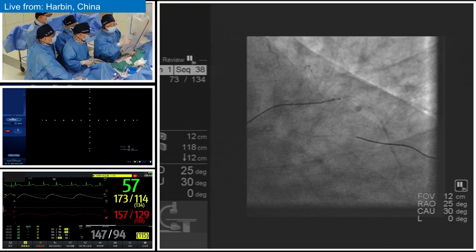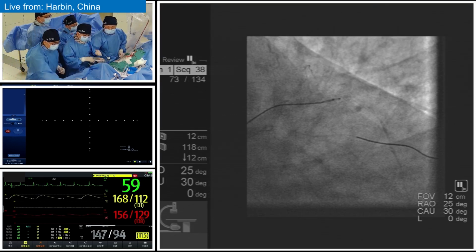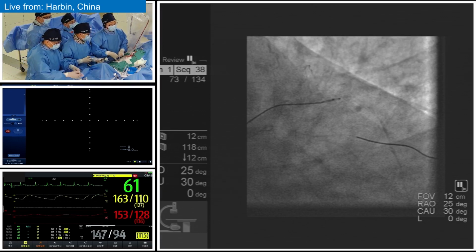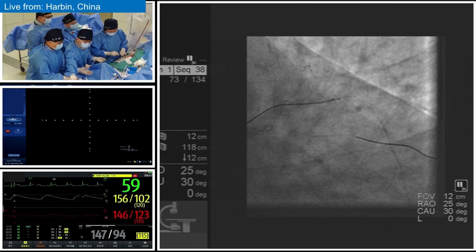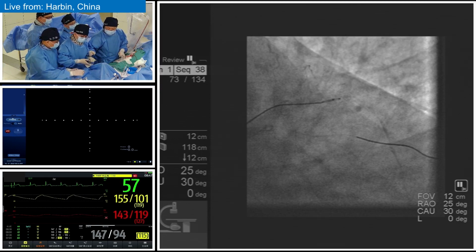So because here is real calcification. Couldn't see. Give me the wire.